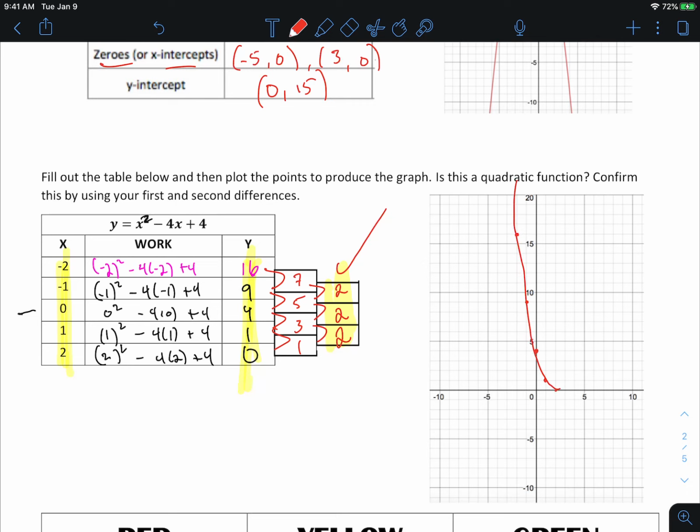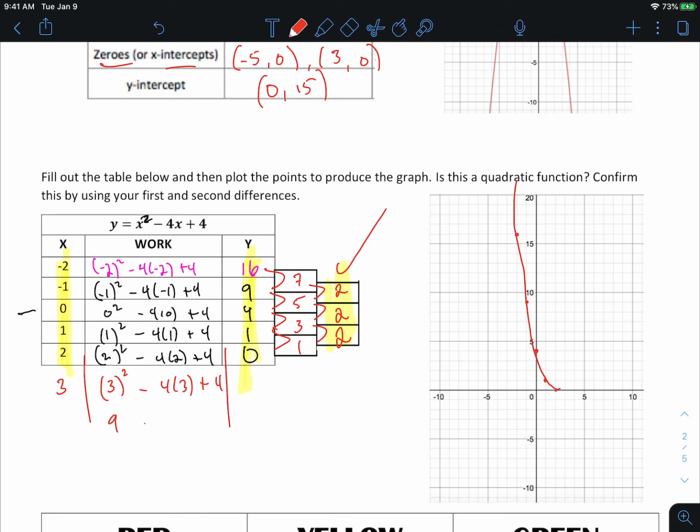Now, if we were to keep going here, just for fun's sake, let's check what 3 would have done. If I plug in 3 squared minus 4 times 3 plus 4, what output should I get?